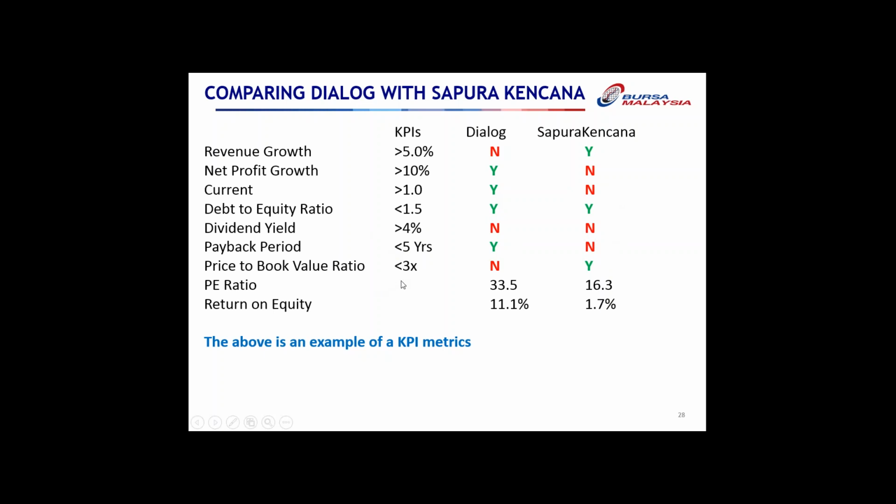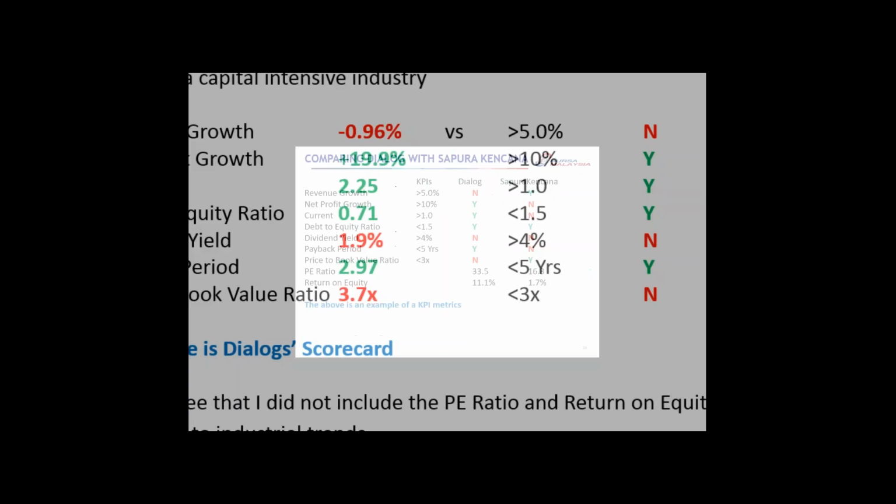Price to book value ratio, less than 3 times. For Dialog is a no, but Sapura Kencana is a yes. Dialog is 3.5, whereas Sapura Kencana is 1.63. Return on equity, 11.1%. About Dialog having a scorecard.